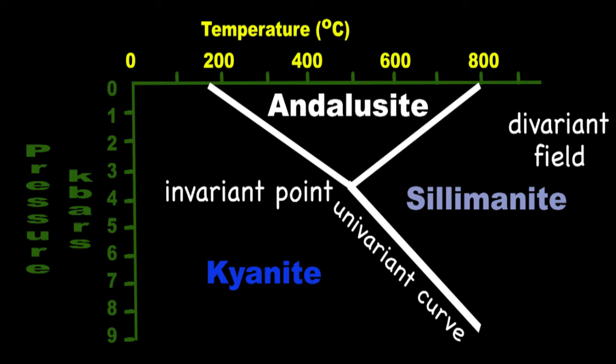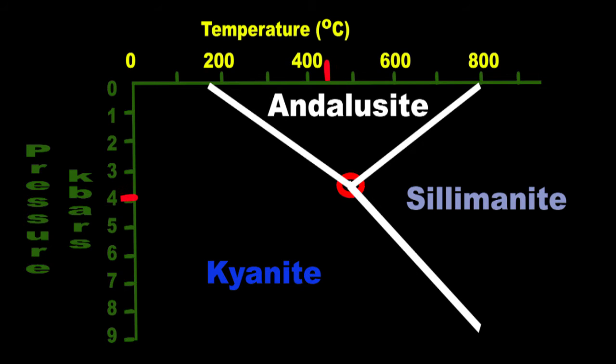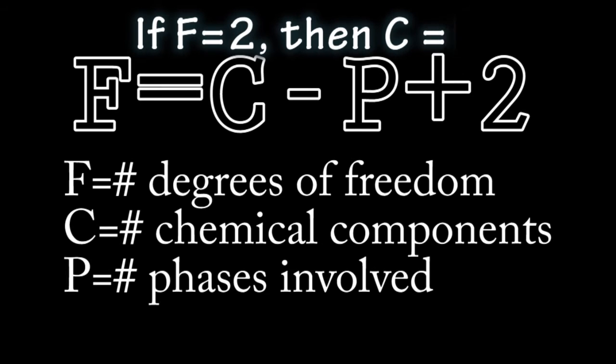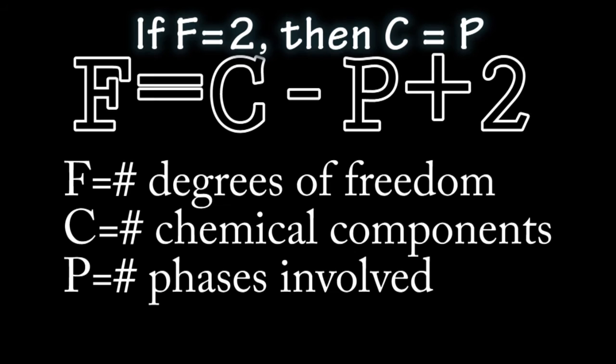The simplification being used here is that when you're in a divariant field, there are 2 degrees of freedom, and as we can see from the phase rule, in that case the number of components is equal to the number of phases. Let's say we are looking at a chemical system with 3 main components, CaO, SiO2, and Al2O3. With 2 degrees of freedom, we know that there should be 3 phases to balance these 3 components.